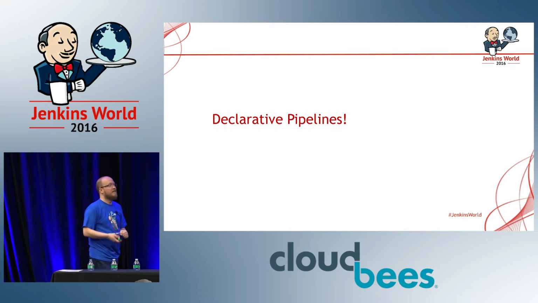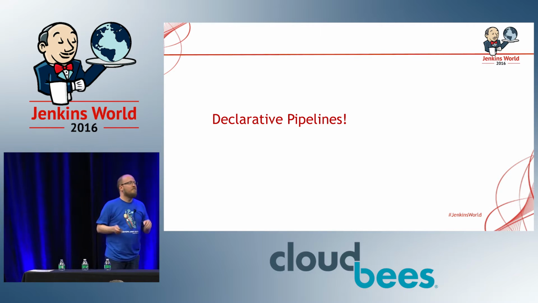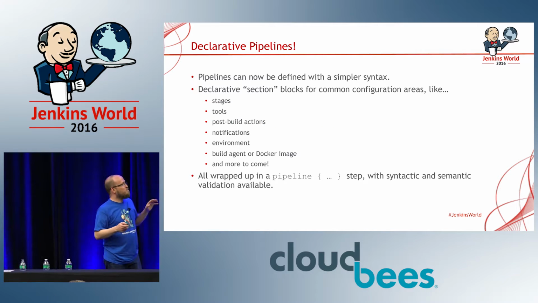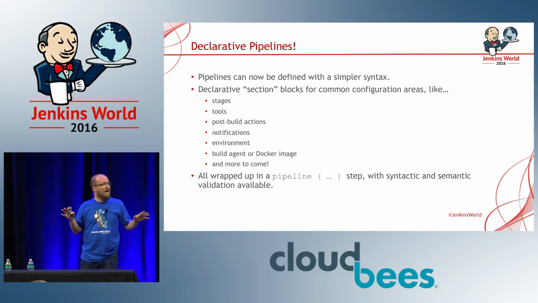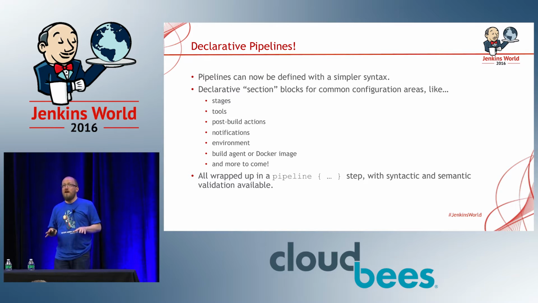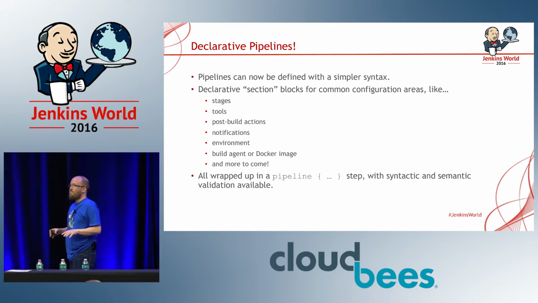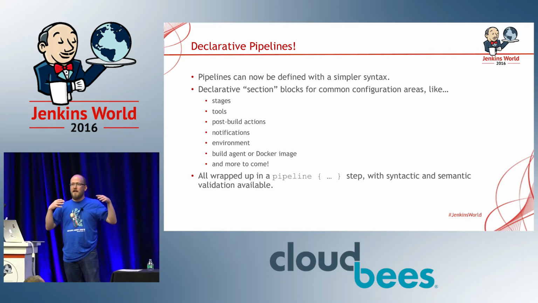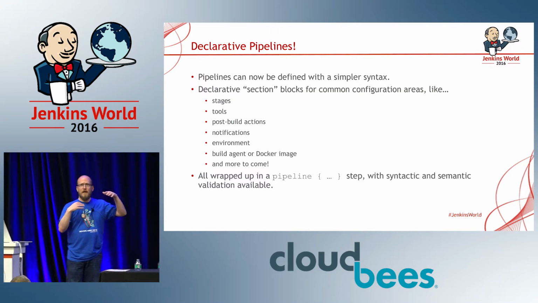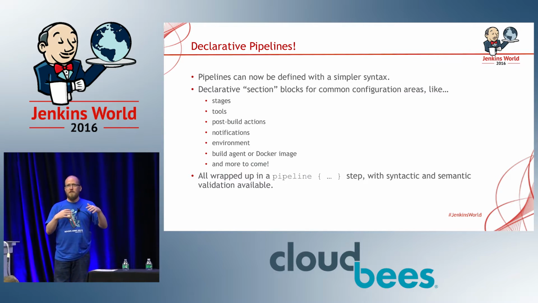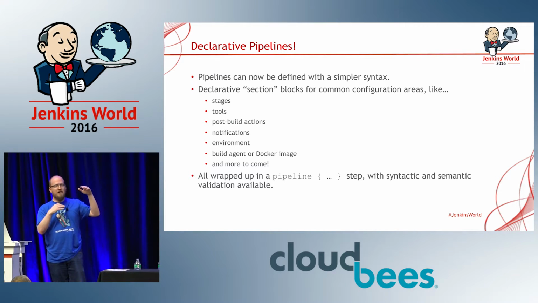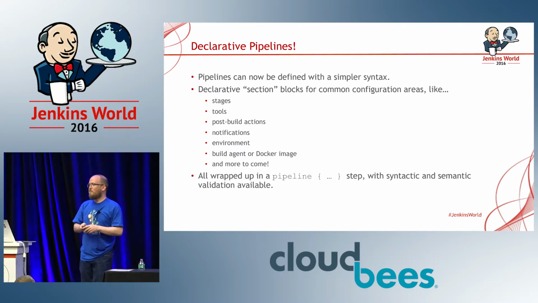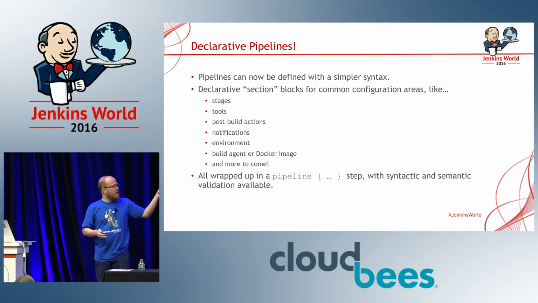Declarative pipelines. Yay. So, to sum up, pipelines can now be defined with a simpler syntax. Inside a step in your Jenkinsfile, there's a number of declarative section blocks, is what I'm calling them, for common configuration areas.